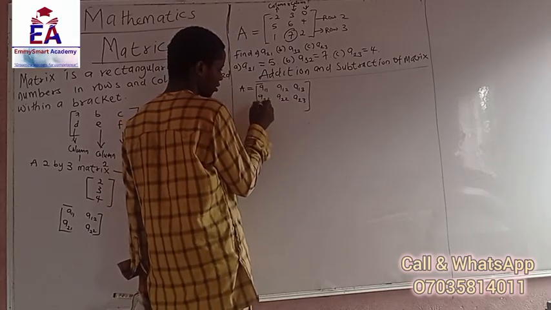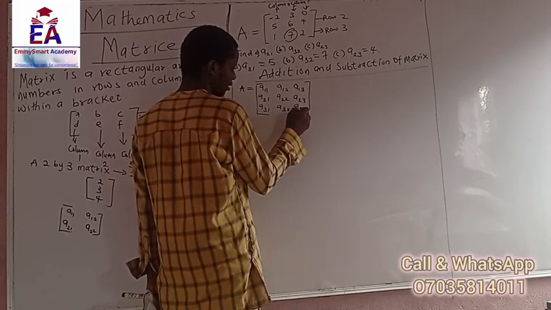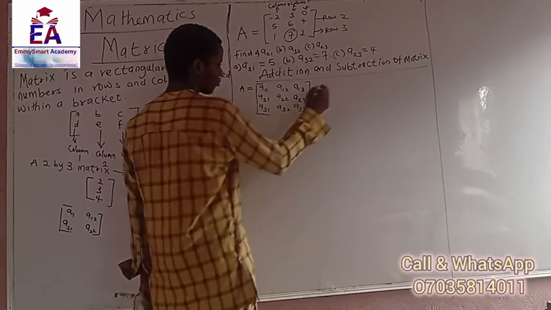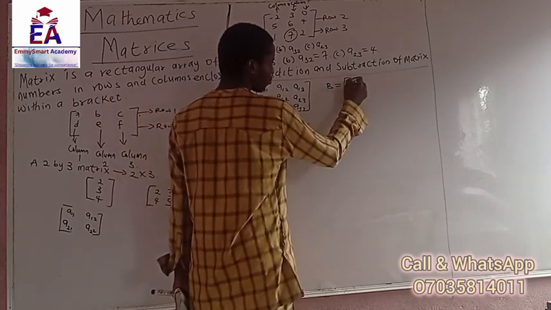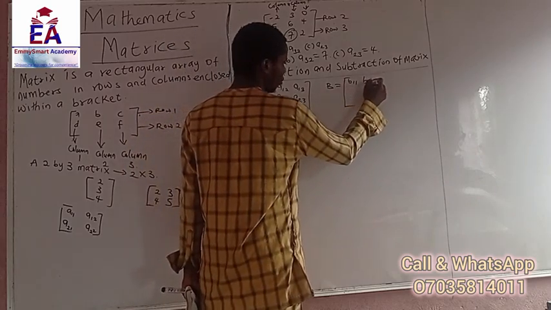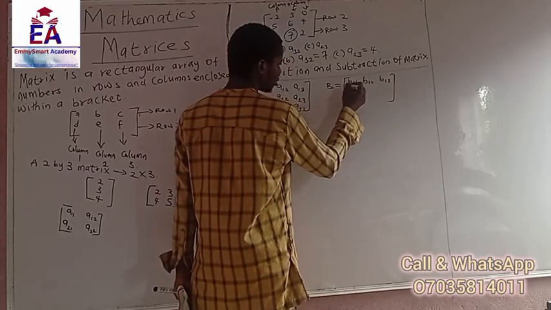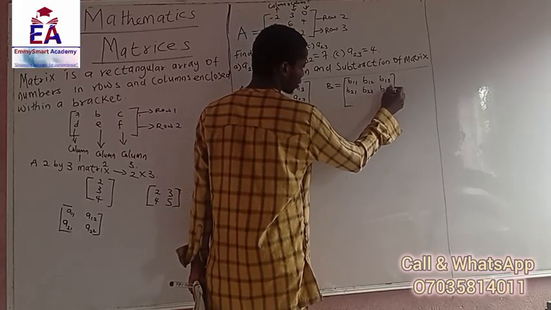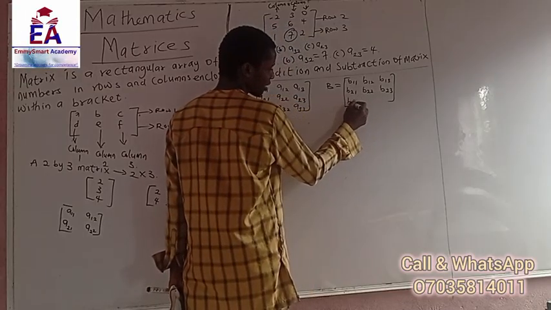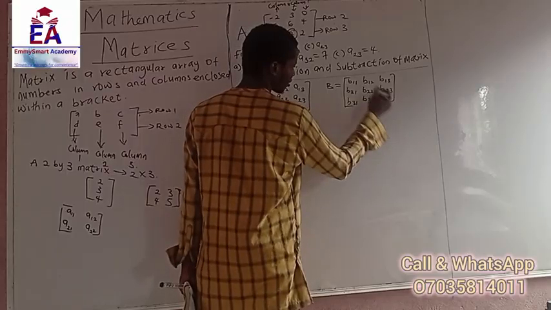We have A31, A32, and A33. So we have matrix B: B11, B12, B13, and then B21, B22, and B23. Then B31, B32, and B33.